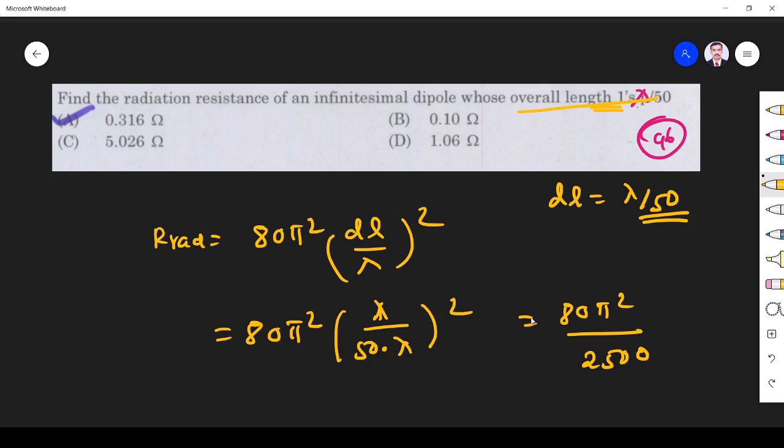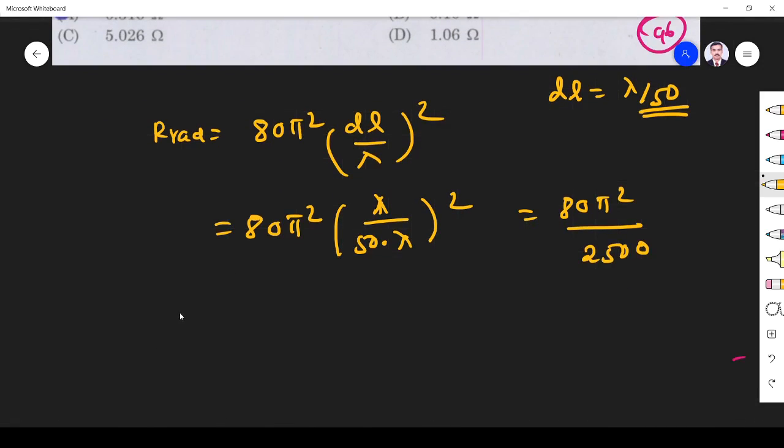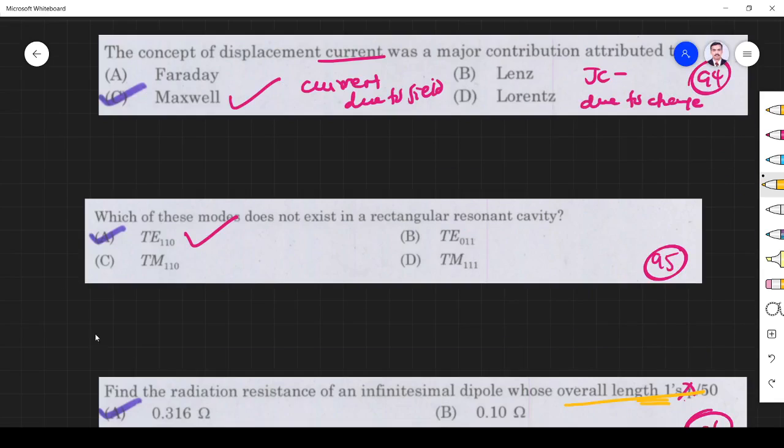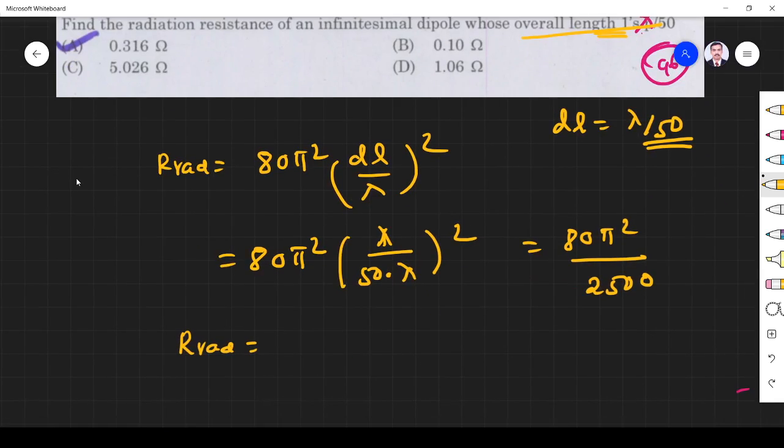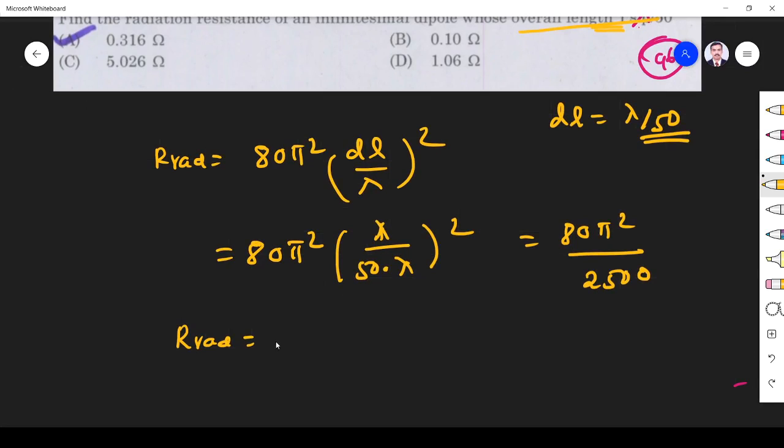Okay, so if we simplify, R radiation will be equal to 0.3155, so convert it to 0.316.